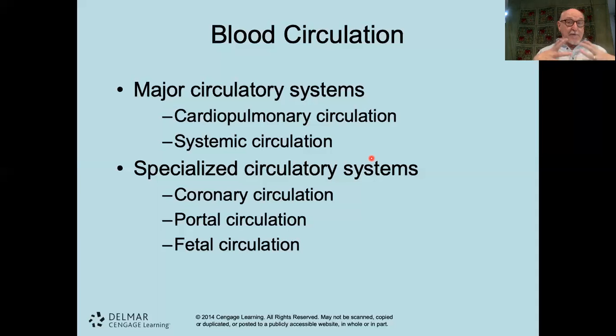The last one is very, very specialized, and we'll only discuss it really briefly because it's actually quite complicated. And that is the blood flow in a fetus, because a fetus has an entirely enclosed circulatory system. Their blood flow is to the fetus alone.